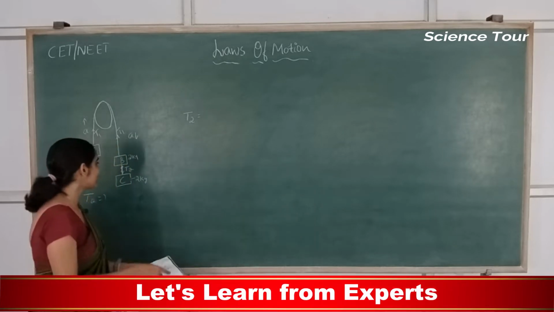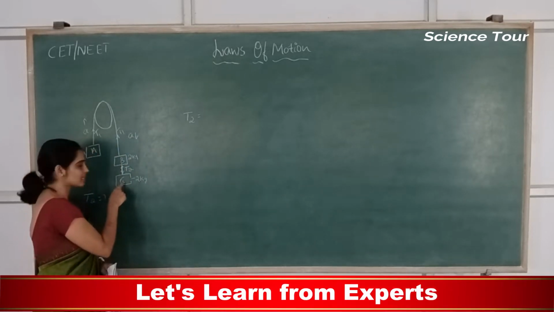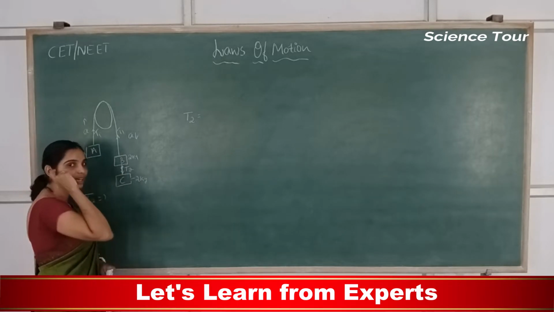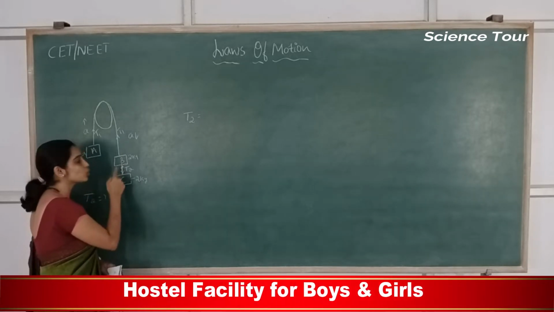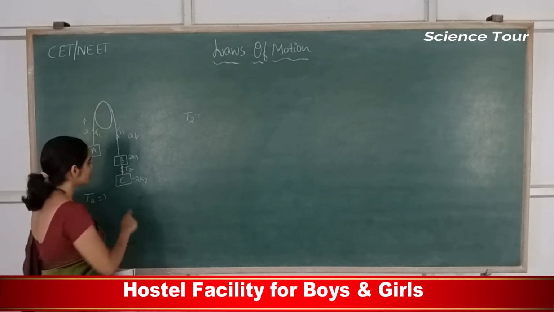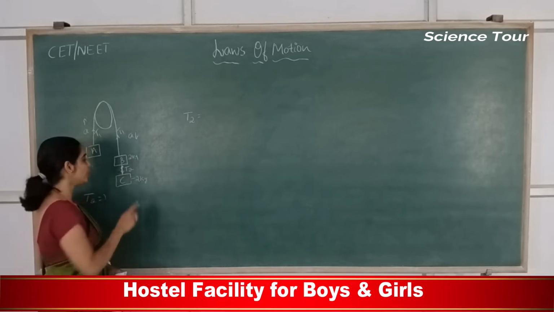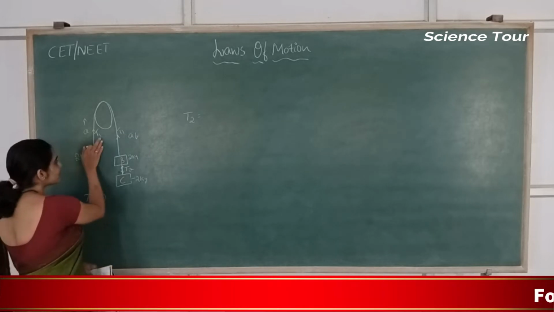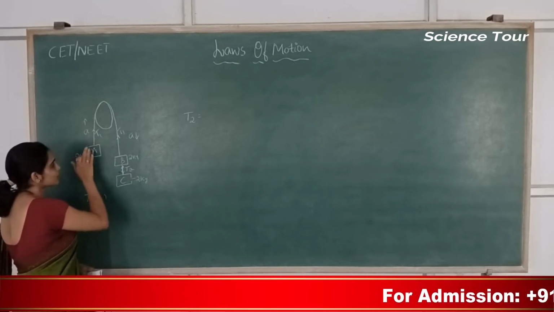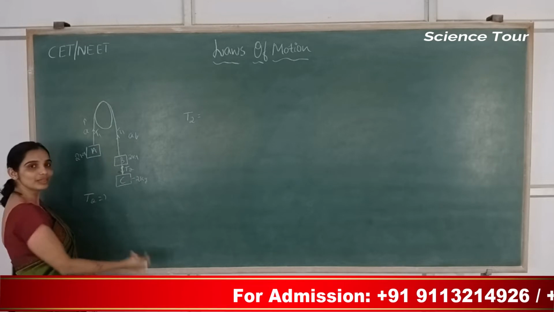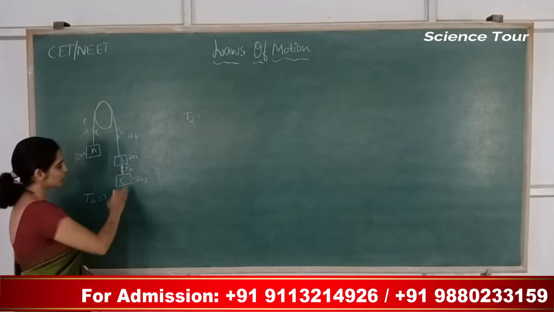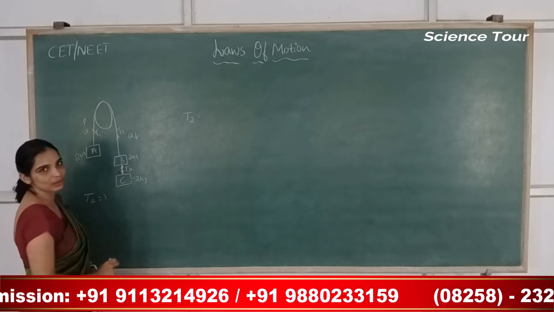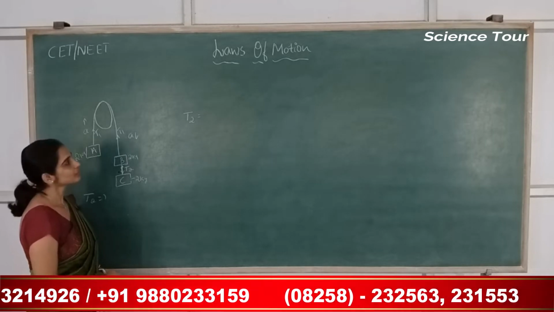Similarly, if the mass doesn't exist, then there is no force acting downward on this string, so no tension. If this mass is 0, tension is 0. Similarly, if this mass is 0, imagine it won't be there, then this whole thing will fall down, and there won't be tension in any of the wire.